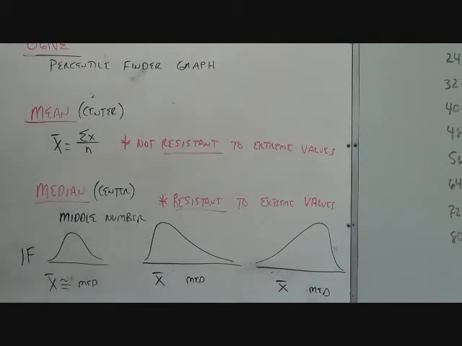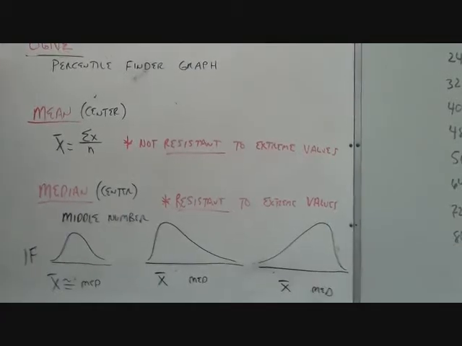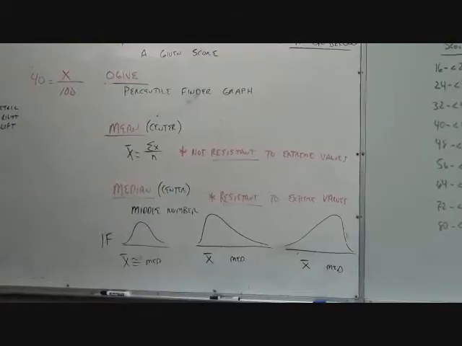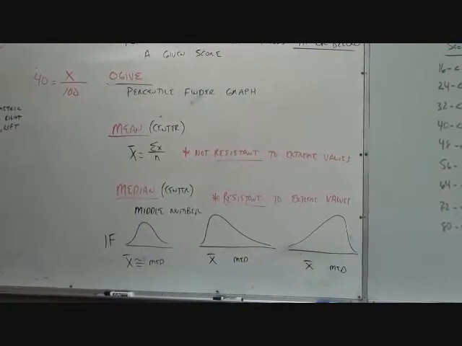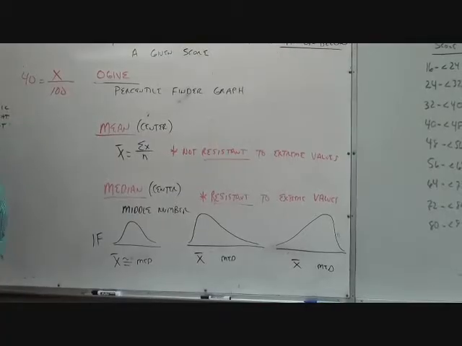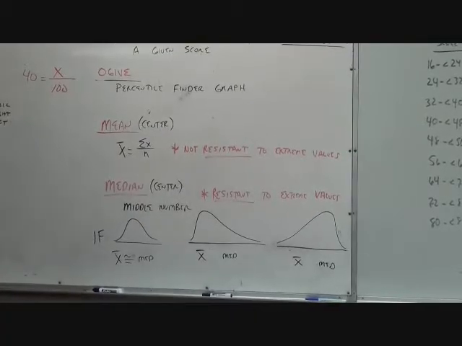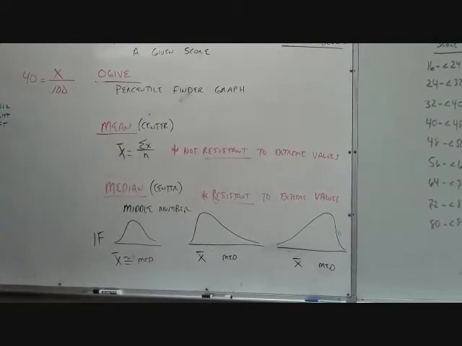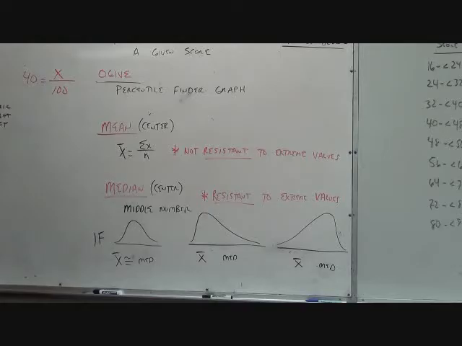For example, let's say the mean was 40. There were 100 students. Can you figure out the sum of all of them? Oh yeah, you could do that, right? Just multiply it. It must be 4,000. So that's what they're going to do with these formulas. If there are 3 unknowns, they'll give you 2 of them and make you figure out the other. So get used to that. They'll ask you weird questions like that.